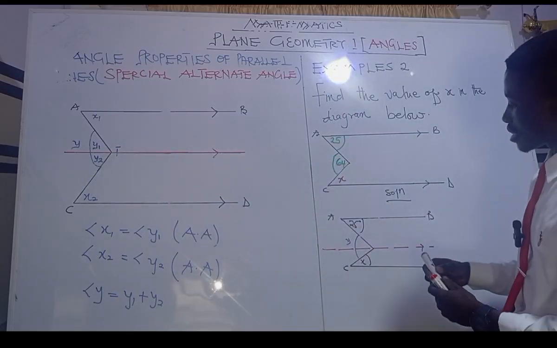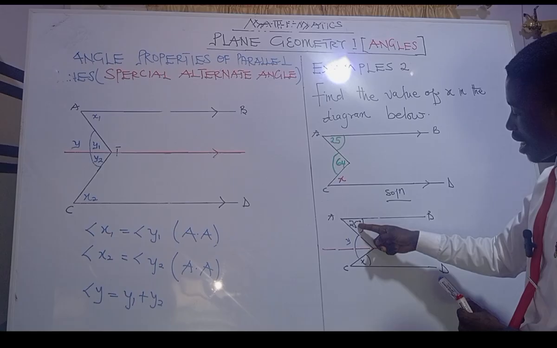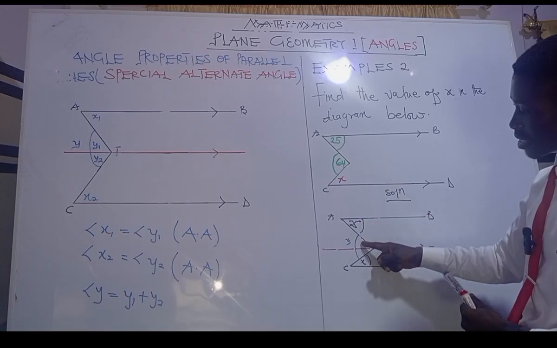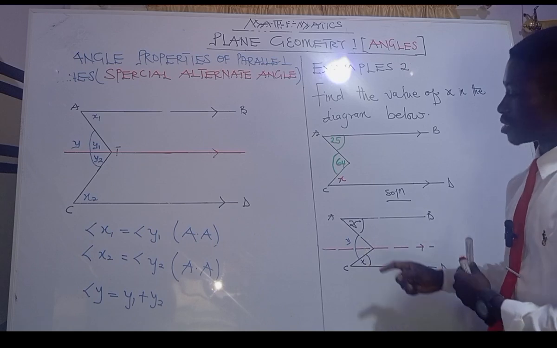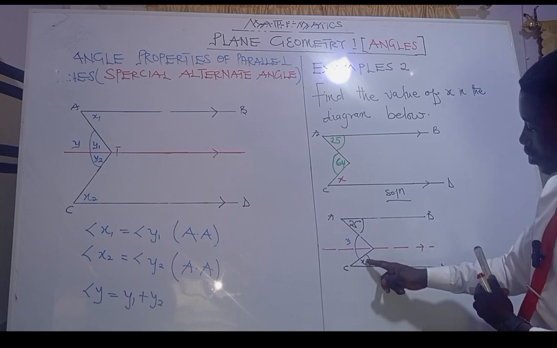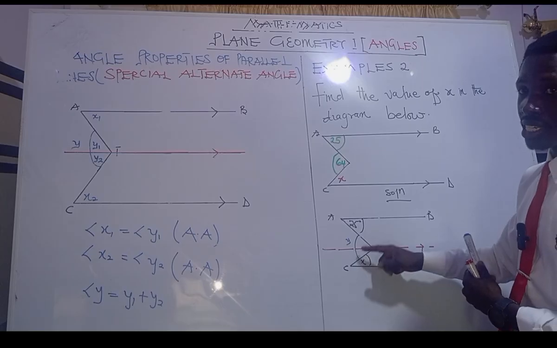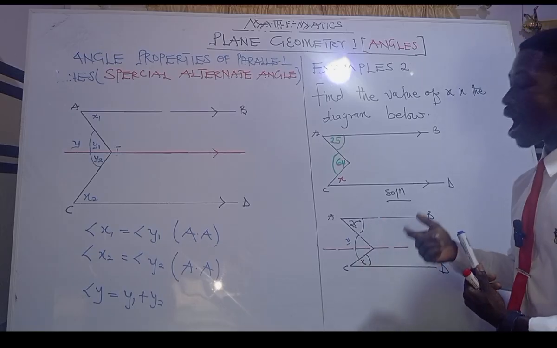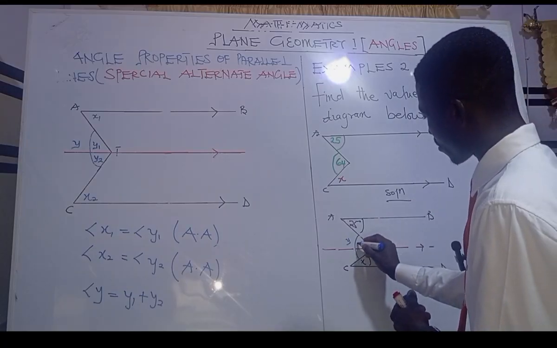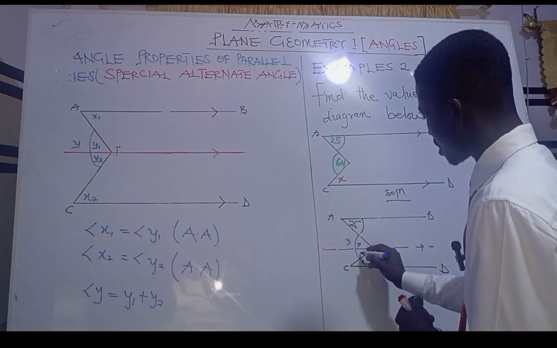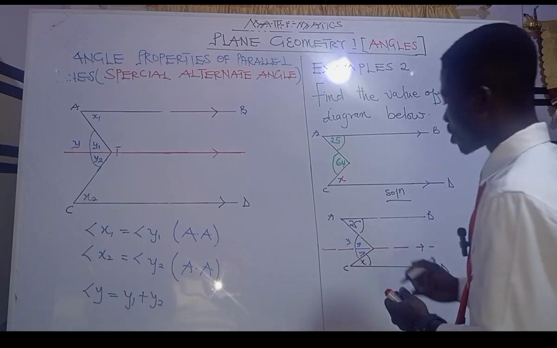And looking at this, we can say that angle 25 alternates with what? Angle y1, or this very angle. And then you can see that angle x also alternates with this very angle. And we know that alternate angles are equal.